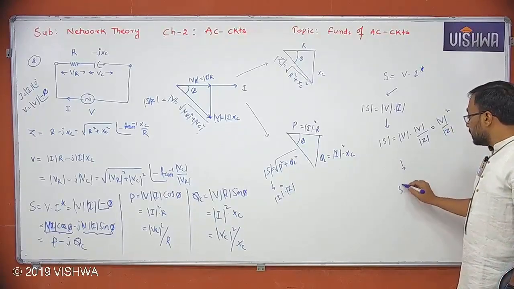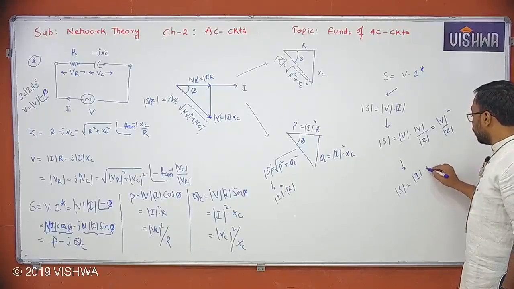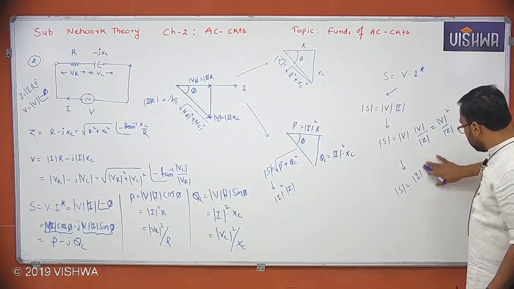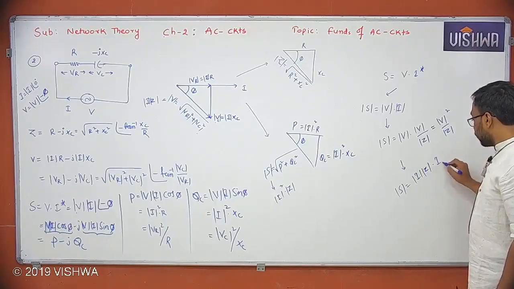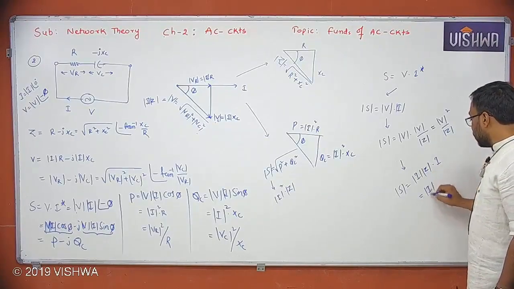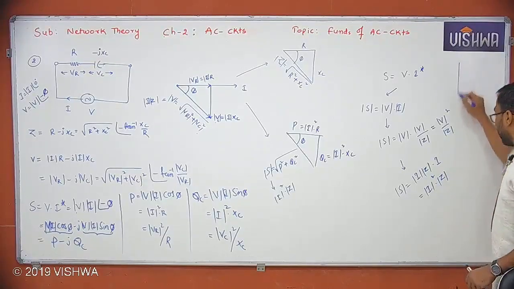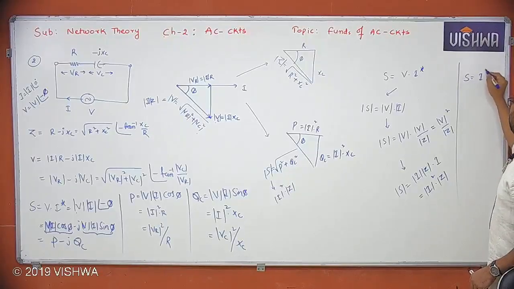Or else S is equal to, when you write V is equal to IZ, I into Z, I square Z. Getting all of you? But you cannot write S is equal to simply I square Z. No. Understand?